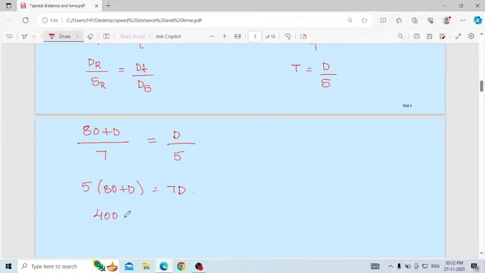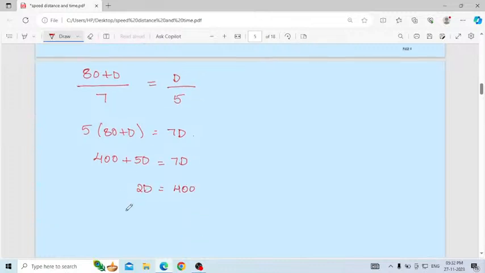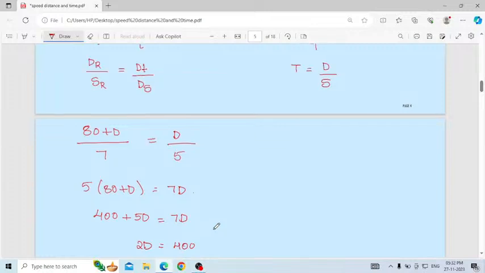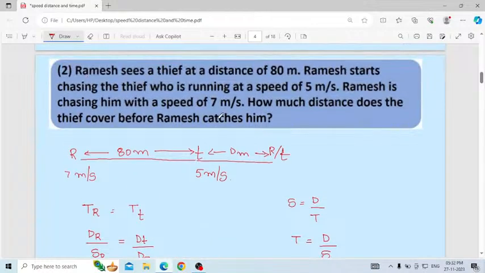So 80 into 5 plus 5d is equal to 7d. Then 2d is equal to 400. Then the distance is 400 divided by 2, which is 200 meter. How much distance will he cover? This distance will be 200 meter.